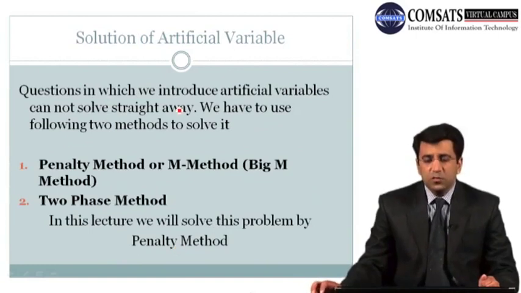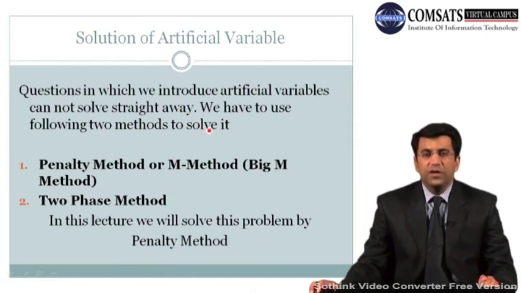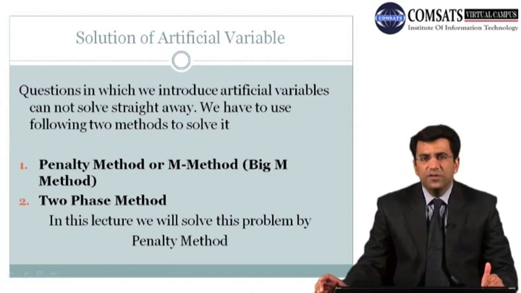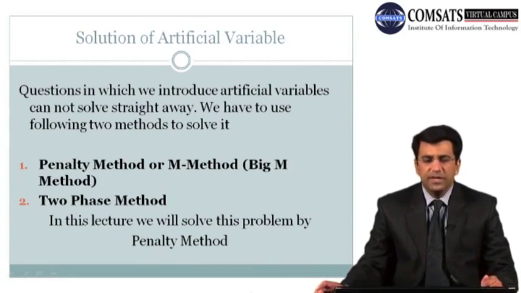So students, questions in which we introduce the artificial variables cannot be solved straight away. We have to use the following two methods to solve them. Now what we have done so far, we have introduced the artificial variables in order to find some initial solution, and we have re-evaluated and reformulated our equations by the introduction of those artificial variables.